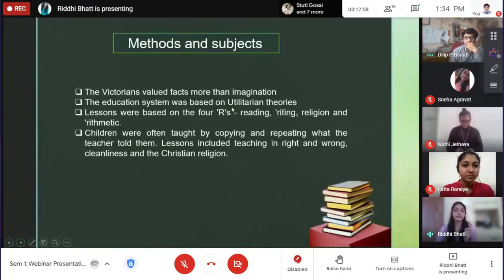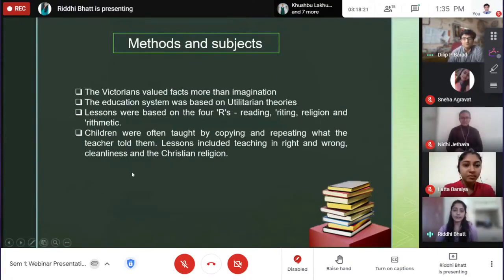Third, lessons were based on the 3Rs: reading, writing, religion, and arithmetic. Fourth, children were often taught by copying and repeating what the teachers told them. Lessons included teaching in right and wrong, cleanliness, and the Christian religion.